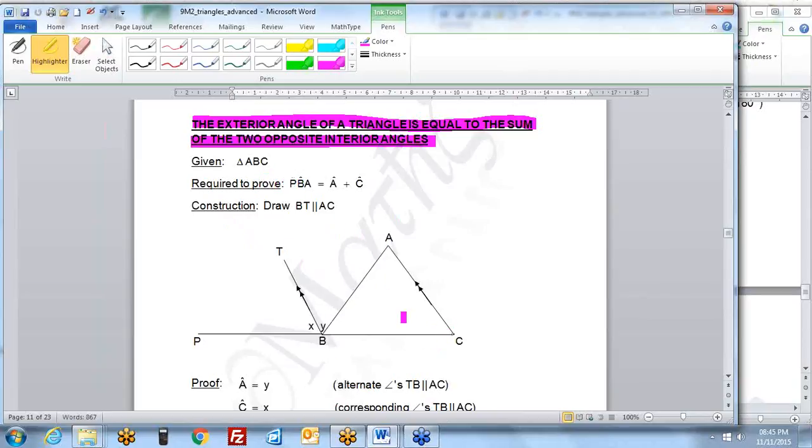You need to prove that angle PBA, in other words, this angle over here, containing angle X and angle Y, is equal to the sum of angle A plus angle C. So when I add angle A and angle C, I need to get this angle, X plus Y. So for the construction, draw BT parallel to AC. So these two lines, they're parallel.